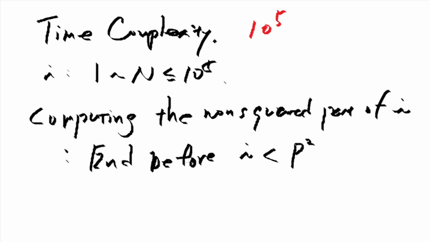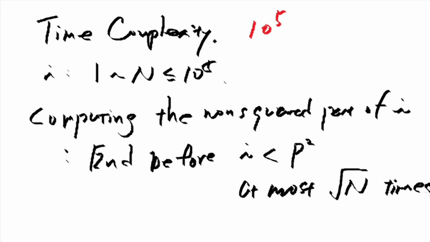So the loop ends at most square root of n times, which is about at most 10 cubed.